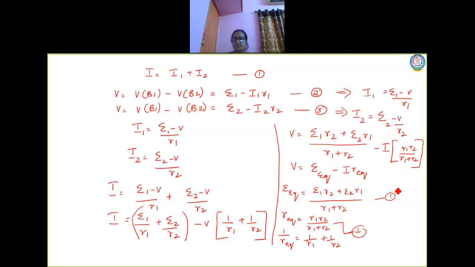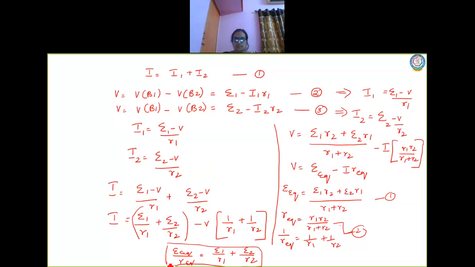So it is R1 plus R2 by R1 R2. R1 plus R2 gets cancelled. So when you simplify, you have the ratio of, I will write here, children, E equivalent by R equivalent is equal to psi 1 by R1 plus psi 2 by R2. So this is a very, very important equation.